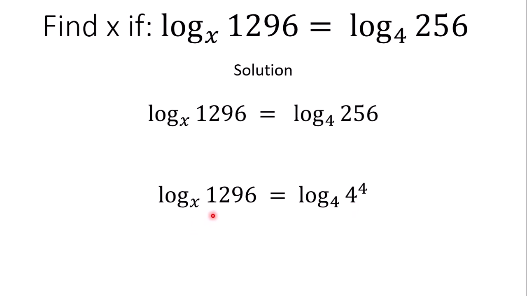So this log 1296 base x is equal to 4 log 4 base 4. Good. Now you see, writing it this way has helped us get the number and the base to be the same. In this case, the log and this number will cancel out, because the base and the number are the same.